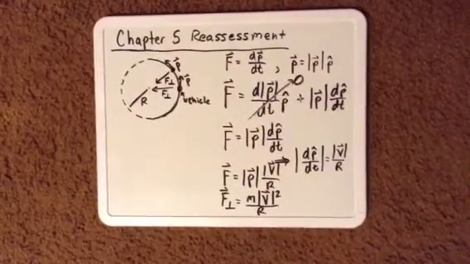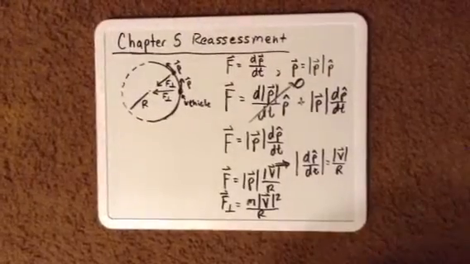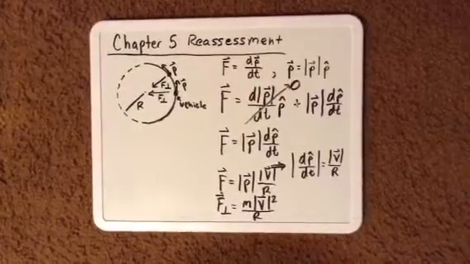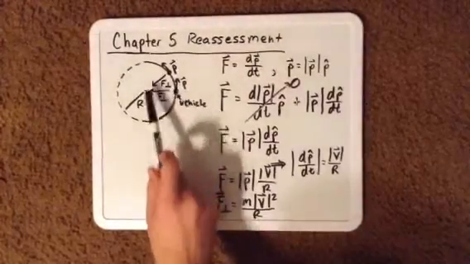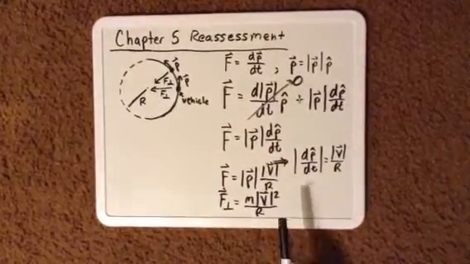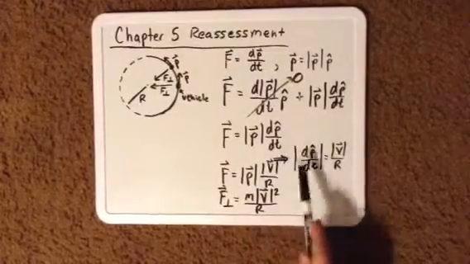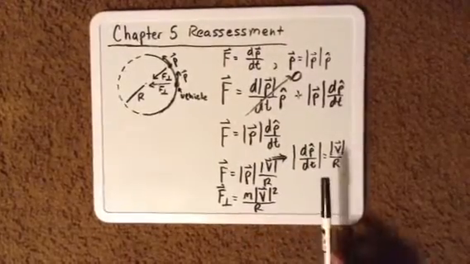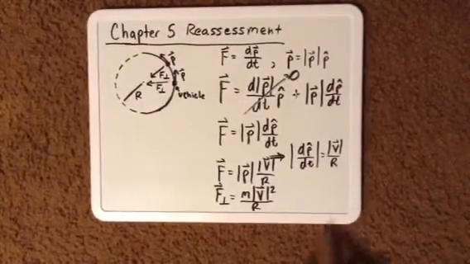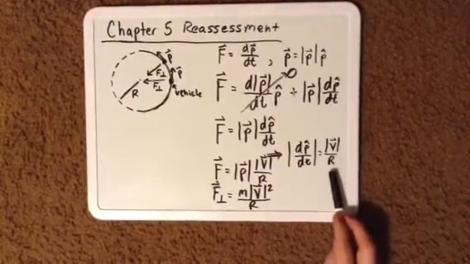Now, the direction is changing, and it's always perpendicular to the direction of momentum, so the force is going to point towards the center of the circle, as given by these F bars. So we have F equals the magnitude of momentum times dp hat over dt. And the magnitude of dp hat over dt actually equals the magnitude of velocity over the radius.